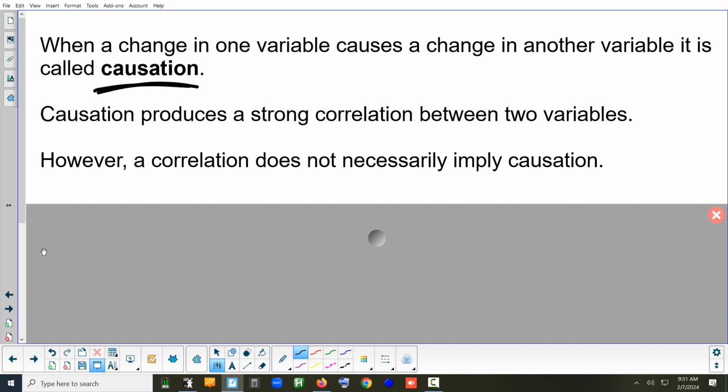But just because two things might have a connection, it doesn't automatically mean one changes the other. So when you think causation, think of the word automatic. If one thing changes, the other thing automatically has to change.